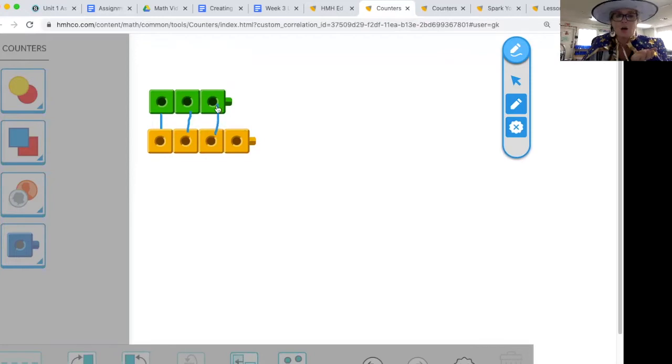Matched. Oh, there's not another green one to go with this yellow one. That means green is smaller. It's less than, smaller. Wasn't that fun? I agree. It was totally fun to play around with the manipulatives.